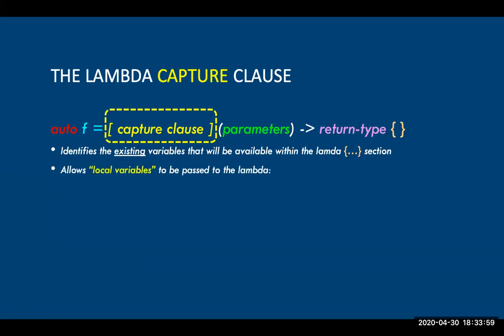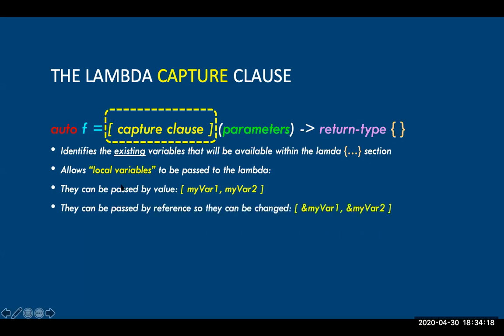So it allows us to basically collect or capture local variables, if you will, that exist in the scope when we're defining the lambda itself. It captures those local variables. You can think of it that way. And so they just kind of are available to your implementation of the function in here, just like we said with our functor. And you can also pass them by reference.